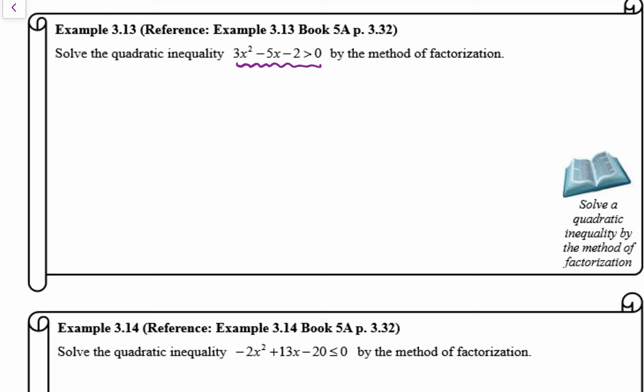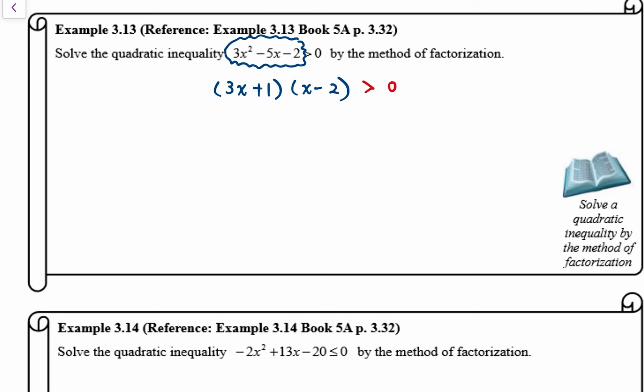Example 3.13. Solve the quadratic inequality by the method of factorization. First of all, we will express the quadratic expression in its factors, which are 3x plus 1 and x minus 2.